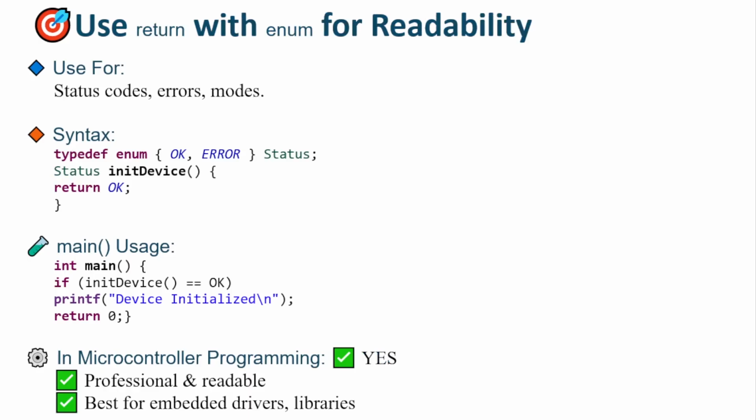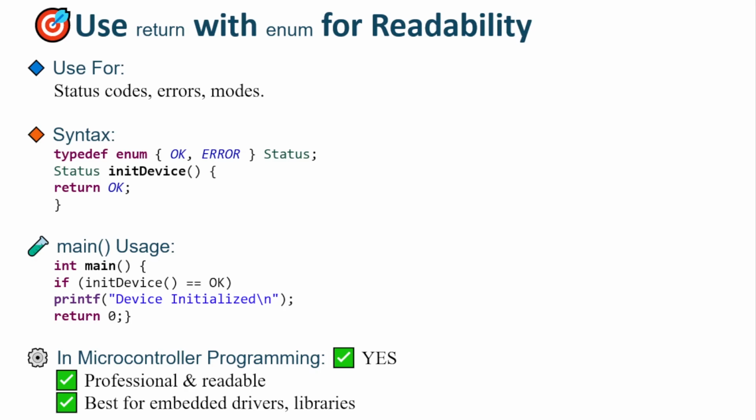Instead of remembering what 0, 1, or 2 mean, you can use descriptive names like OK, error, or busy.